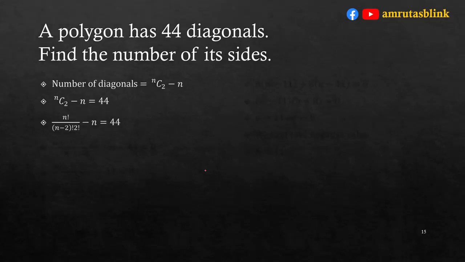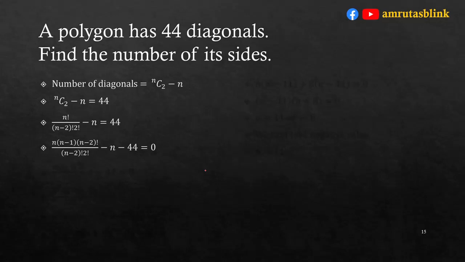Now we'll simplify this expression. What is NC2? NC2 will be n factorial upon n minus 2 factorial into 2 factorial, minus n is equal to 44. Now we will split n factorial up to n minus 2 factorial in order to remove the factorial sign.